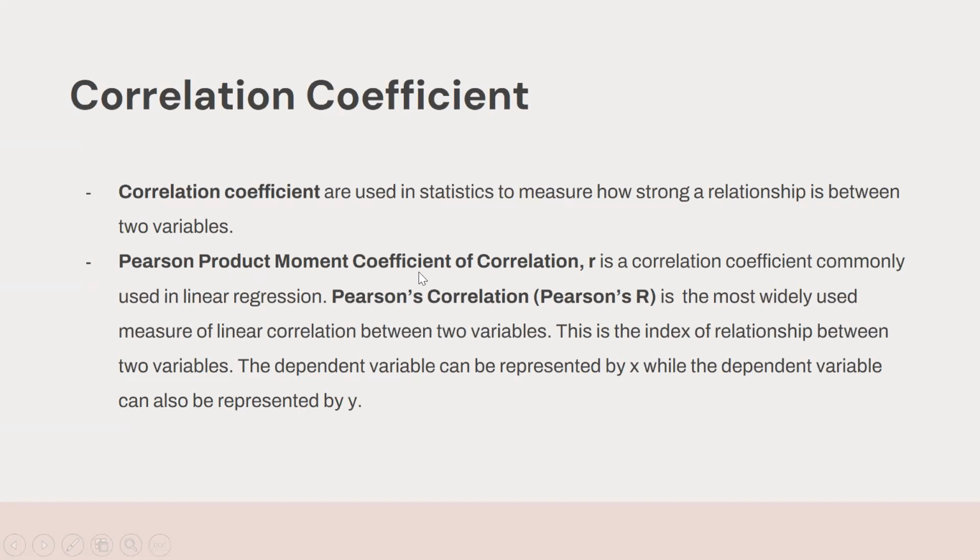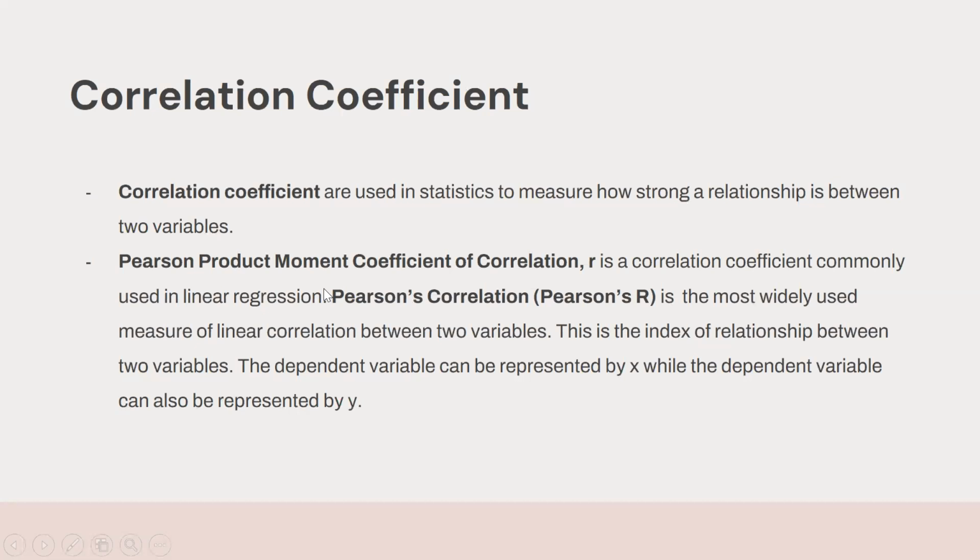Pearson product moment coefficient of correlation R is a correlation coefficient commonly used in linear regression. So, Pearson's correlations or yung tinatawag nating Pearson's R is the most widely used measure of linear correlation between two variables. So this is the index of relationship between two variables. The independent variable can be represented by x, while the dependent variable can also be represented by y.